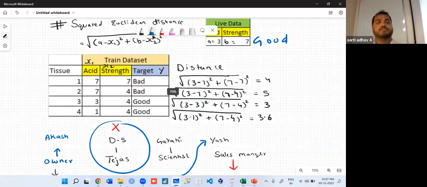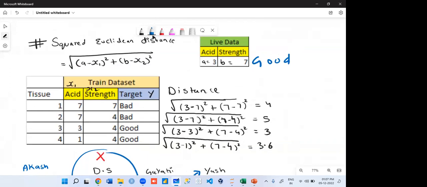Write this formula and keep on solving. It is solved by yourself and cross check also.